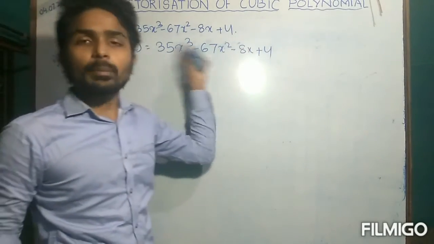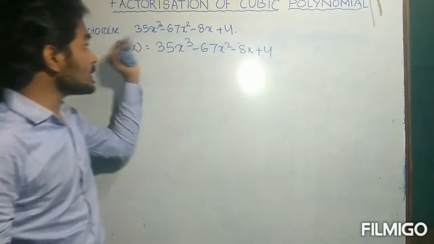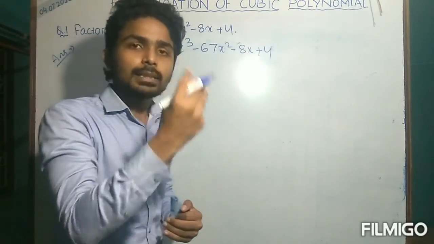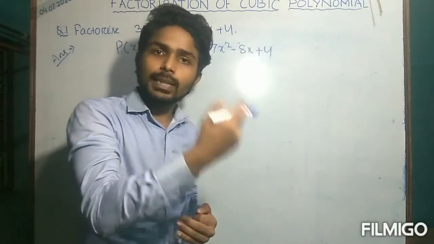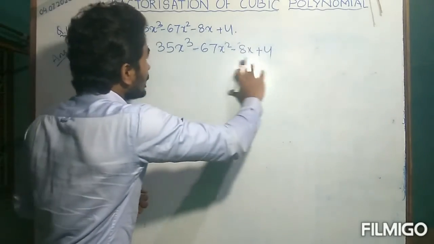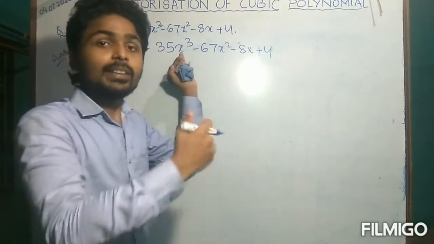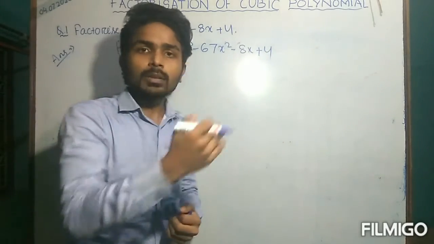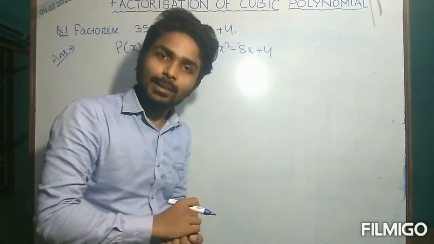Okay, since it is a cubic polynomial, that means we have to factorize it into the product of three linear polynomials. Why? Because it gives three zeros, hence it gives three factors. Clear? So first we have to find a value of x for which the value of the polynomial is equal to 0 by the hit and trial method.